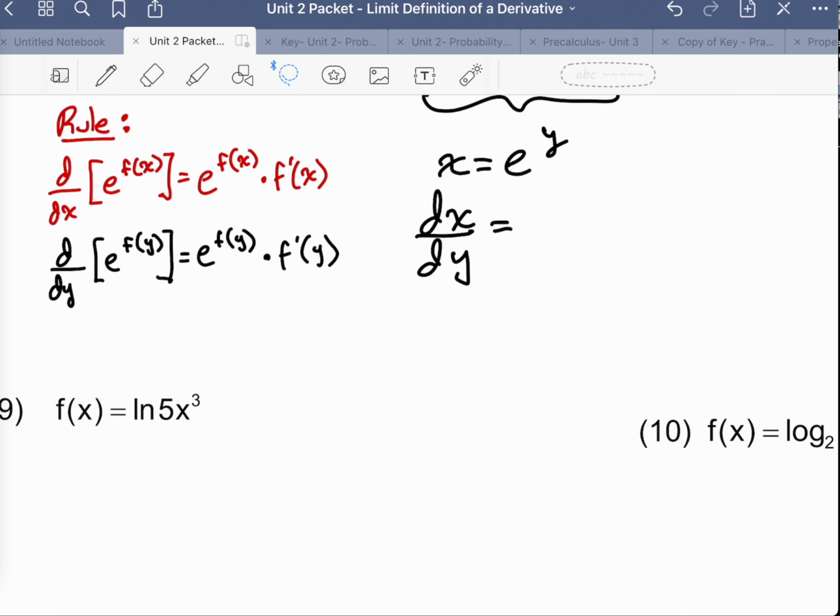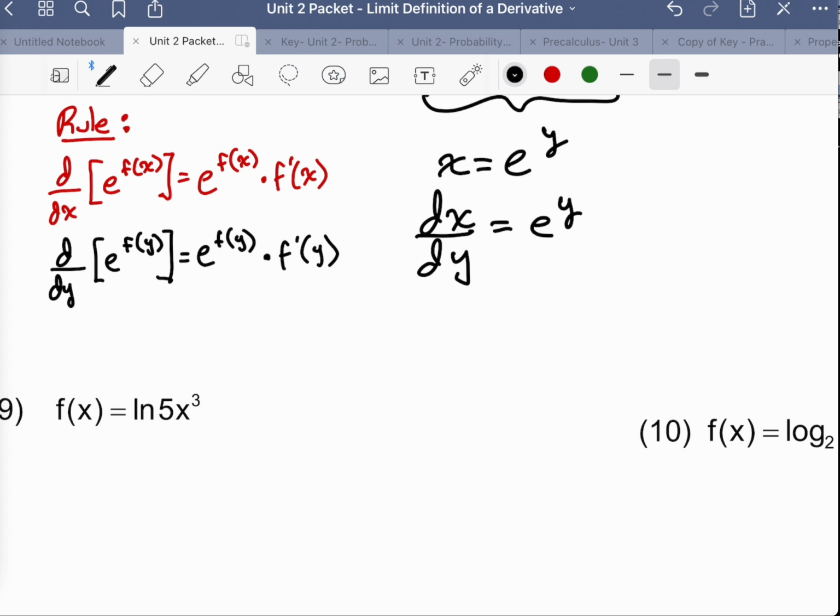All right. So anyway, long story short, the derivative of e to the y is just going to be e to the y, because the derivative of an exponential e is going to be itself. Since I'm taking the derivative in terms of y, I'm just really treating this as if it were e to the x.